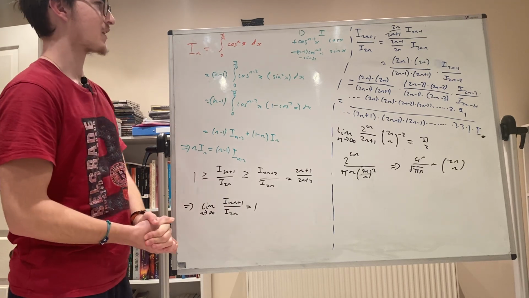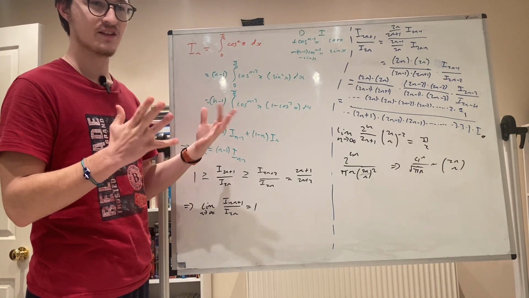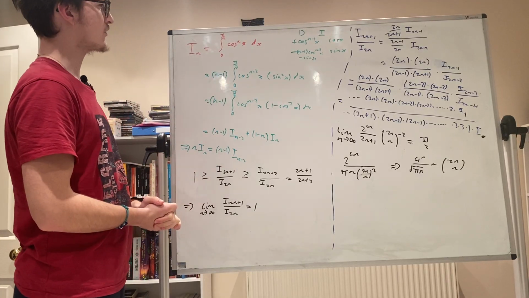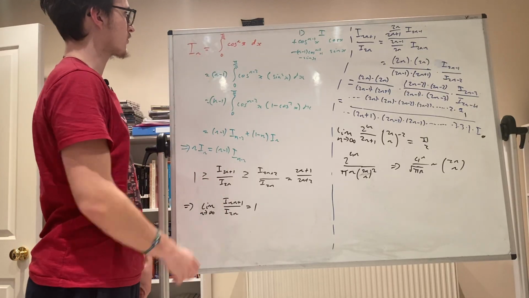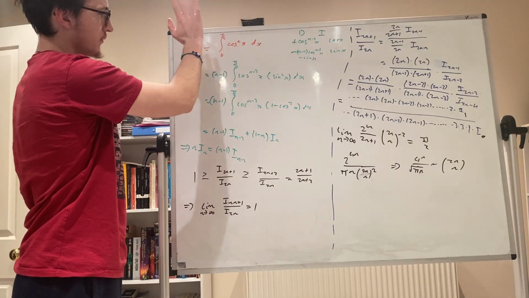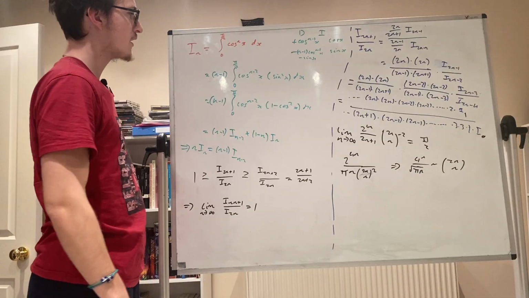Okay, so yes, the first thing we need to do is examine the Wallis product, or however you pronounce that guy's name. The way we do this is we begin by examining this family of integrals I_n, which are defined by the integral from 0 to pi over 2 of cos^n x dx.